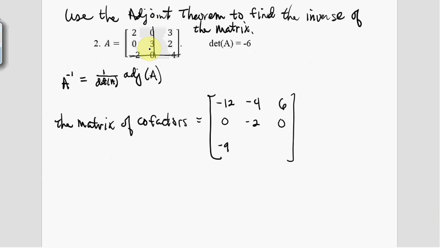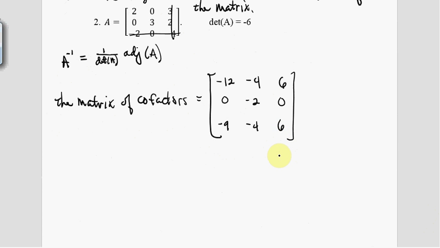Move to where the 0 is, delete its row and column. So this is 4 minus 0. So this is positive 4, but the position here is odd, so it's negative 4. Then we move to where the 4 is, delete its row and column. This is 6 minus 0 is 6, and the position there is even, so it's positive. So this is the matrix of cofactors. Take its transpose and we get the adjoint.